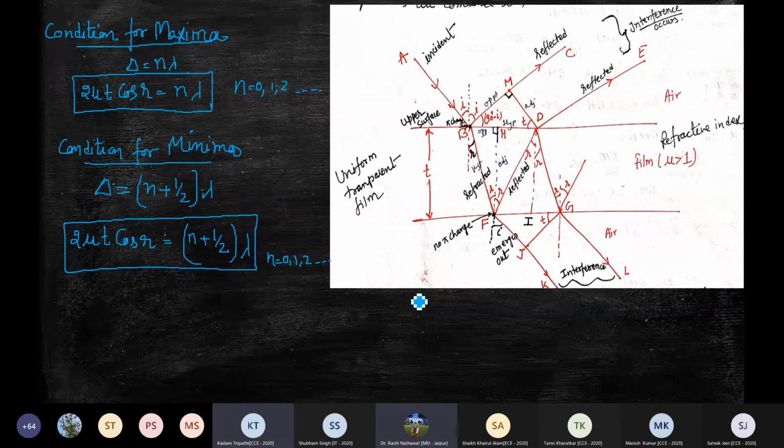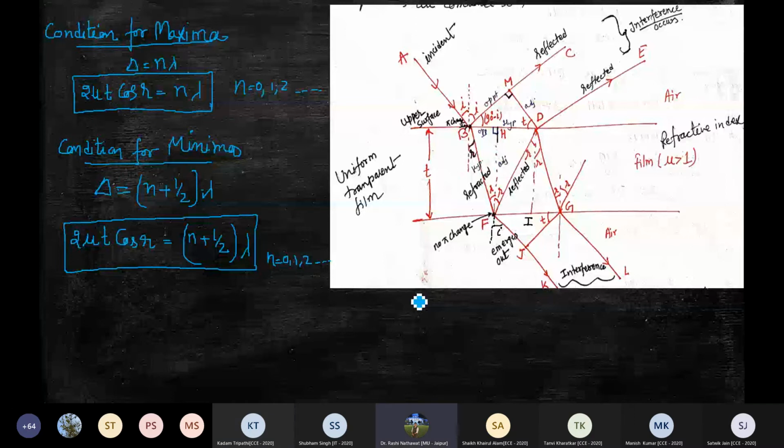You will not get as bright fringes as we are getting in the double slit experiment, because यहाँ पे the waves are traveling through the media. So there will be a loss of intensity, loss of amplitude.